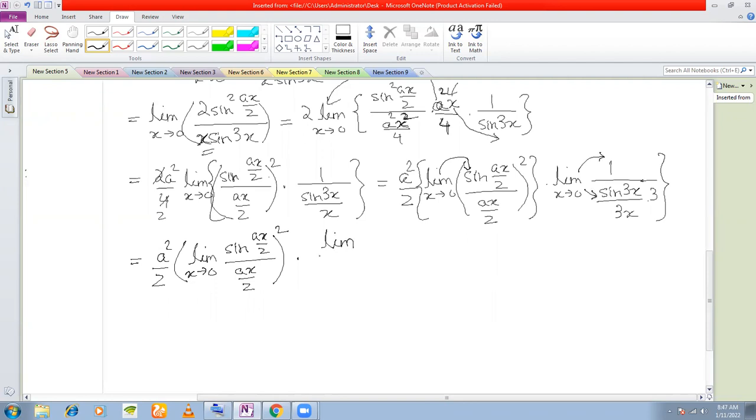The limit x tends to 0, 1 divided by limit x tends to 0 sine 3x by 3x, and you have an extra 3 here, right? So this extra 3 you can take out of the limit also. There's a 1/3 here, right? Into 1/3, isn't it?